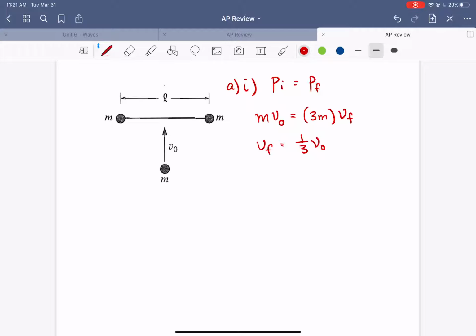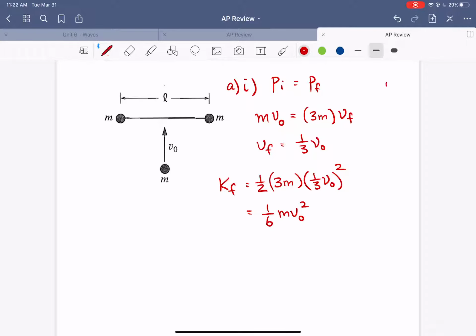All right, so our final kinetic energy is going to be 1/2 times the total mass, which is 3m, times the final velocity squared, which is this. So if we multiply everything out here, this should simplify to 1/6 m times v0 squared.